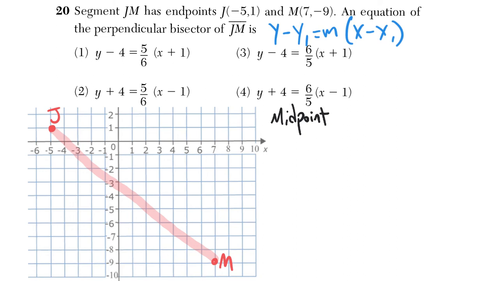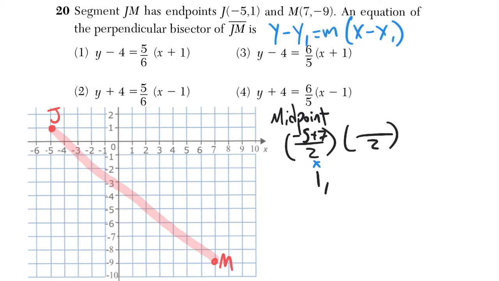Beautiful. All right, so it's going to be the sum of the x values, and the x values are -5 and 7. All right, and so -5 plus 7 is going to give us 2. 2 divided by 2 is 1. So the x value is 1. And what about the y value? Again, it's the sum of the y values divided by 2.